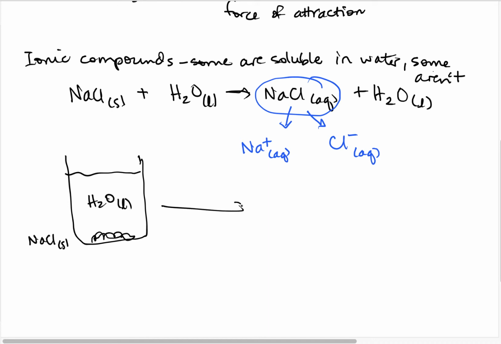And then let's say we stir it, right? Stir it around. You will not see that solid sitting down there anymore. Instead, we will have sodium ions and chloride ions that are dissolved and dissociated from each other inside this water.